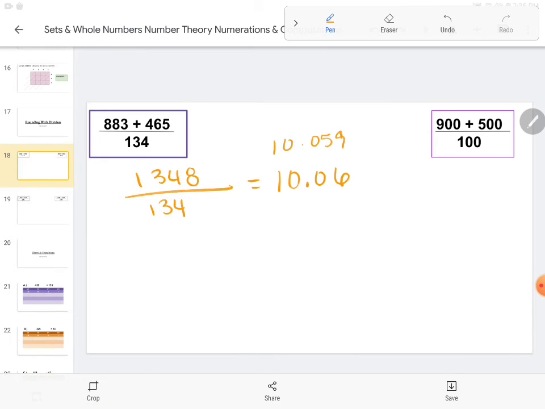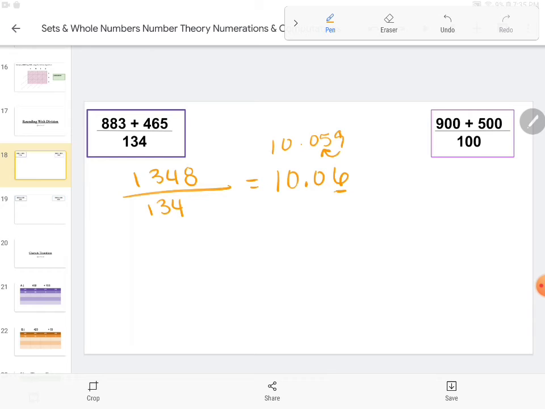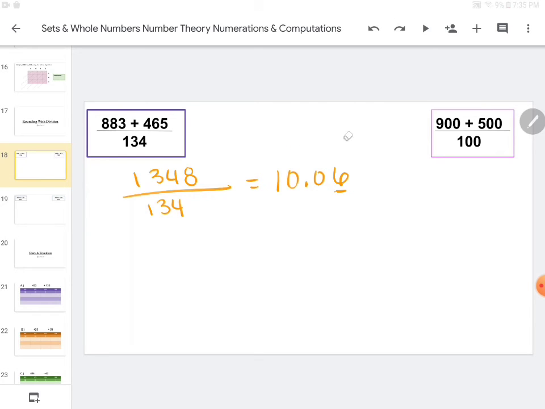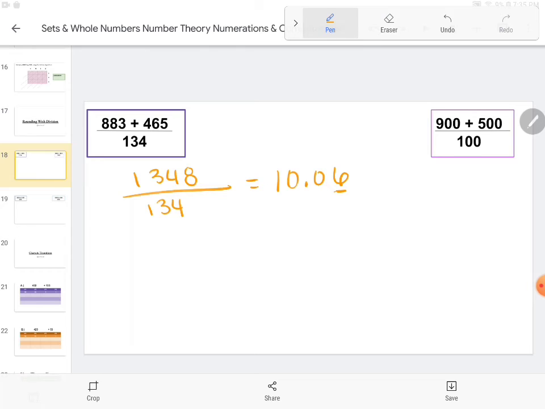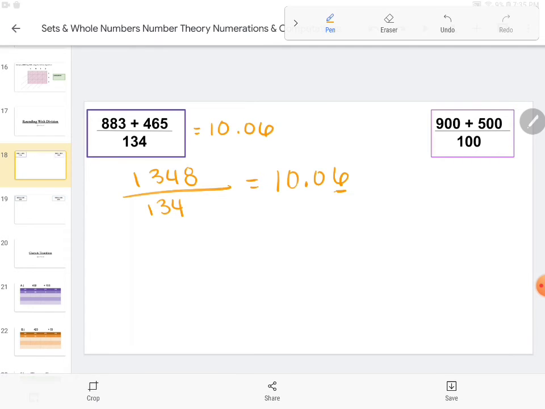So we can go ahead and round up this next digit to our 6. Now, since we know that our solution is 10.06, we can write that up here, 10.06. That's going to be our true solution.